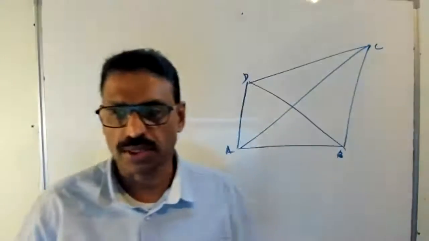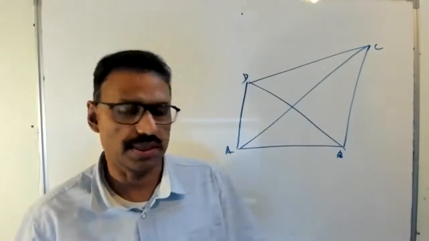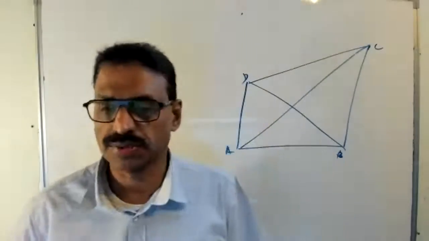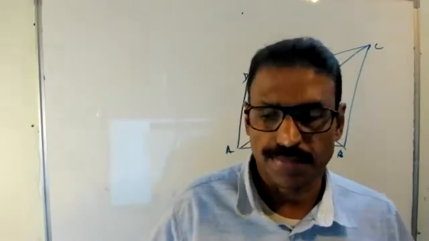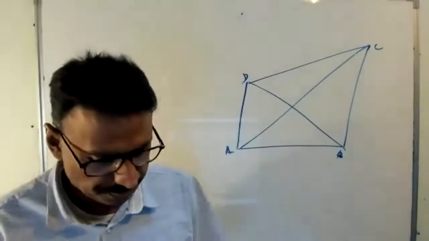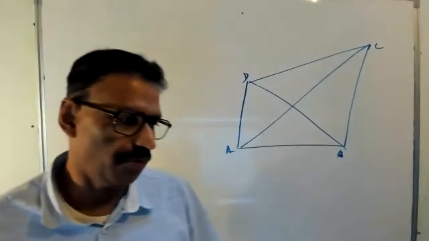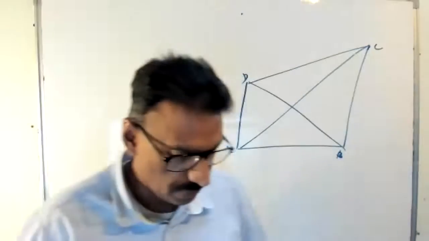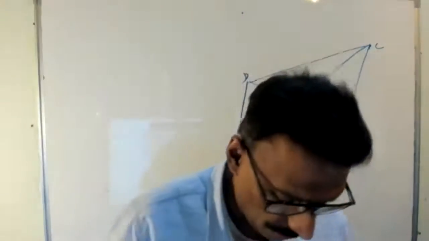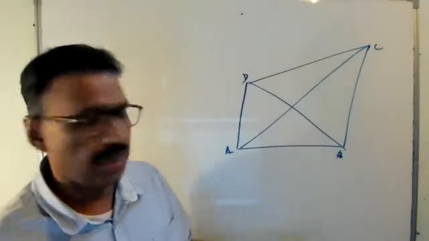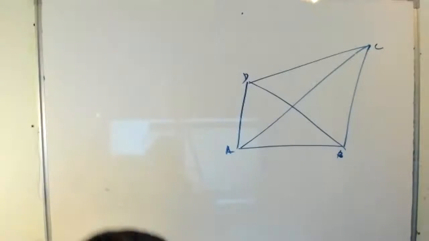So a quadrilateral is a four-sided closed figure: A, B, C, D, A. That means it's a closed figure. There are four vertices, four angles, and two diagonals. Draw this figure.